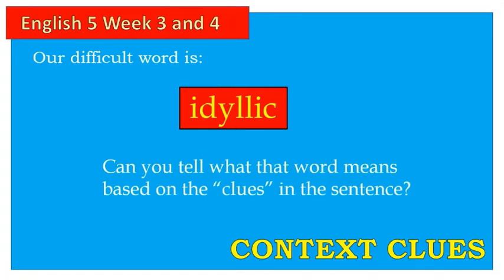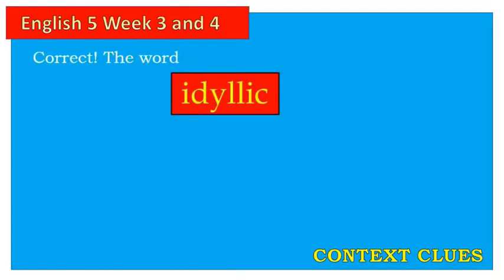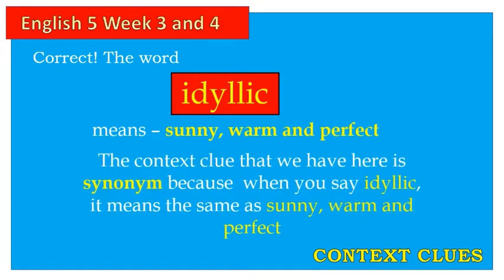Very good. Now, can you tell what that word means based on the clues in the sentence? Correct. The word idyllic means sunny, warm, and perfect. The context clue that we have here is synonym, because when you say idyllic, it means the same as sunny, warm, and perfect.